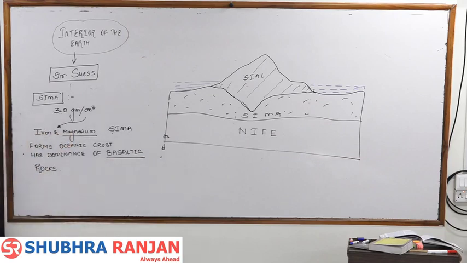So there are two rocks, granite and basalt. Granitic, the rocks which are similar to granite. Basaltic, the rocks which are similar to basalt.